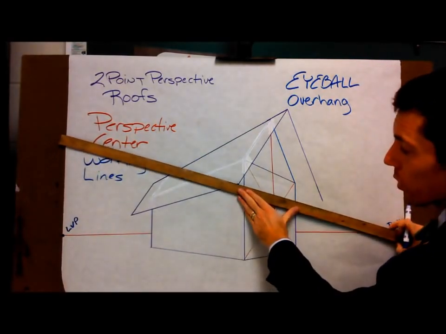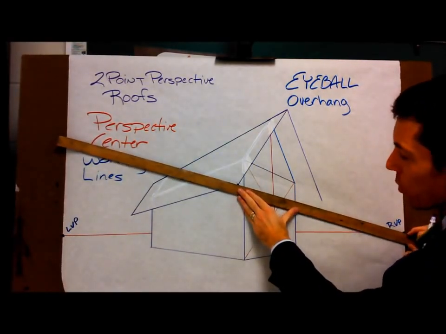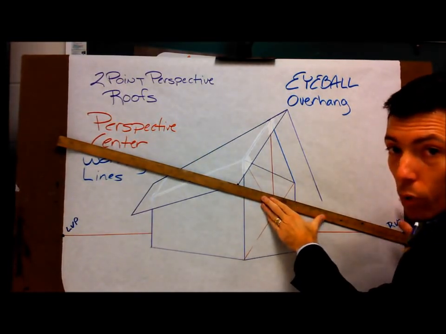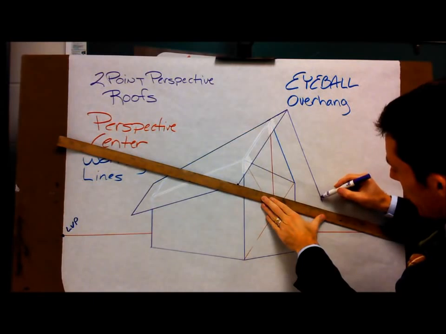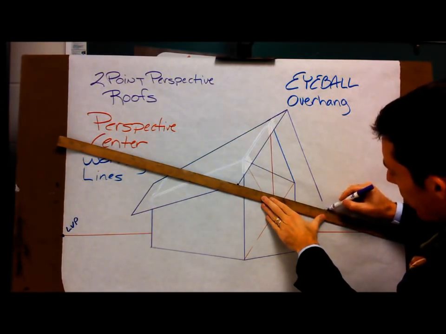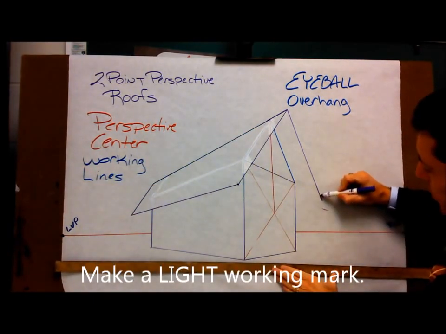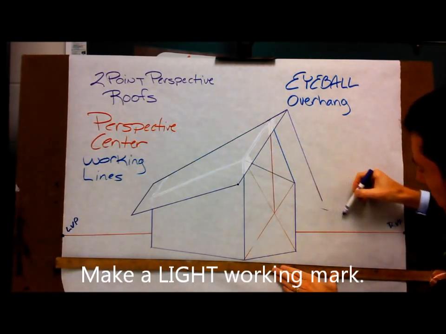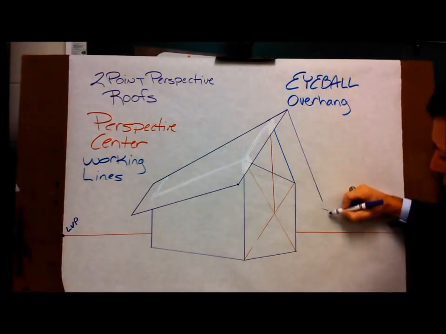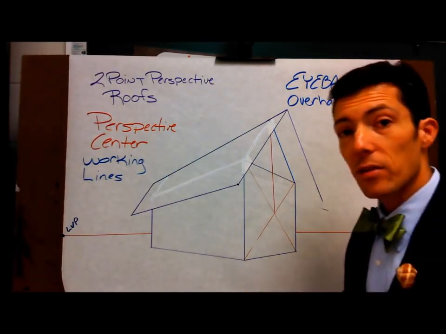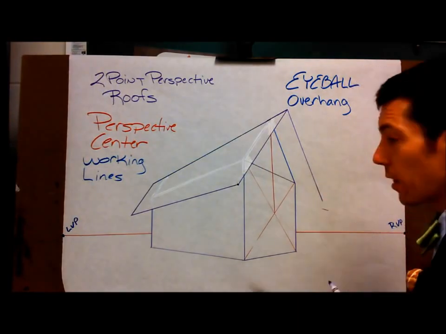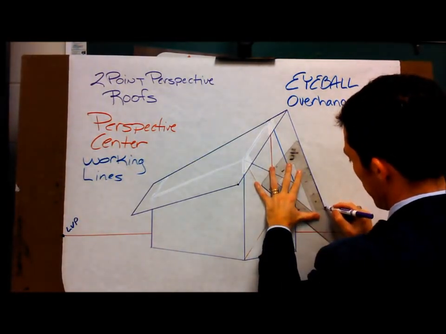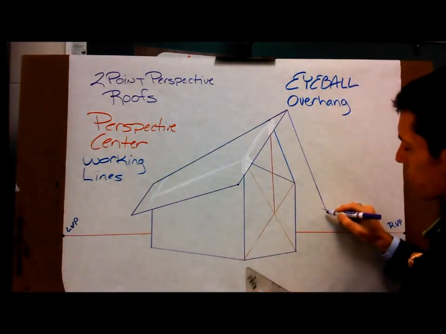So I'll take my ruler, line it up with that corner and the point of my right vanishing point, and find out where about this line would intersect with that line. It's going to intersect somewhere in here. I have to take my ruler and extend that line out, which I'll do right there. And there's my intersection.